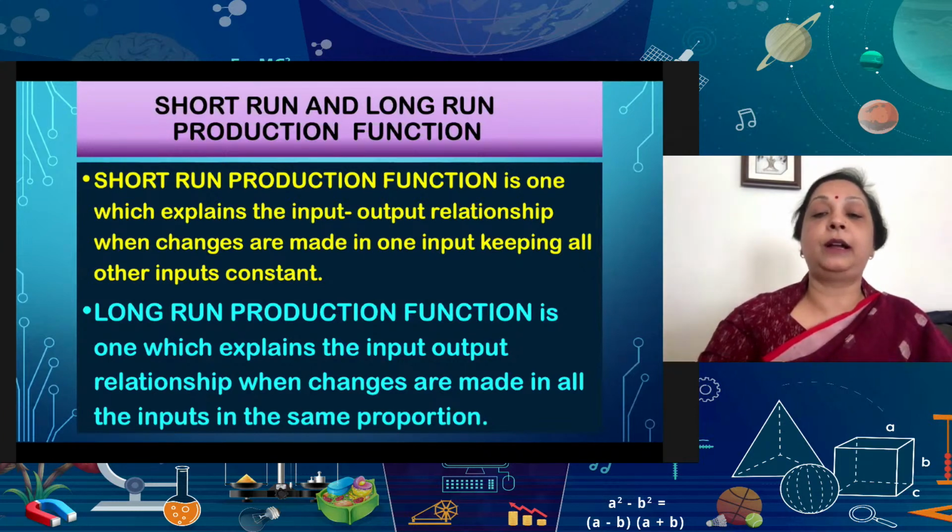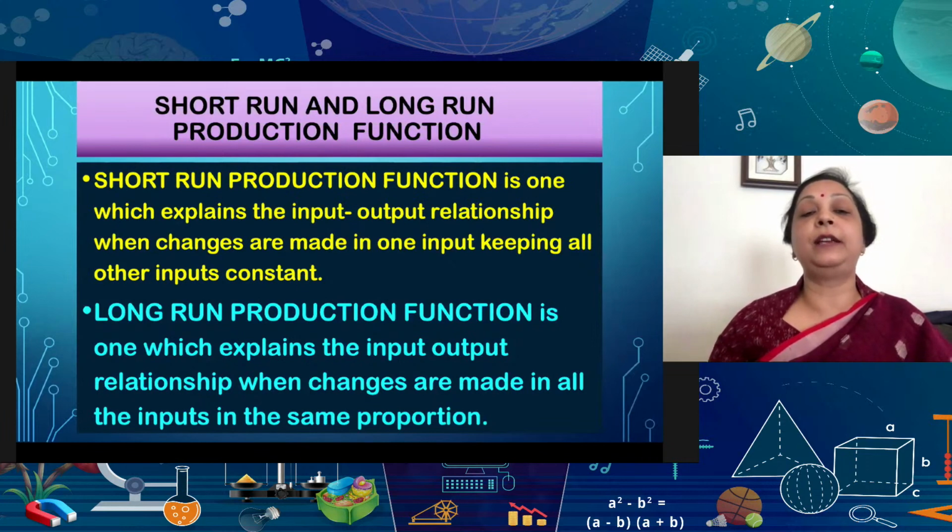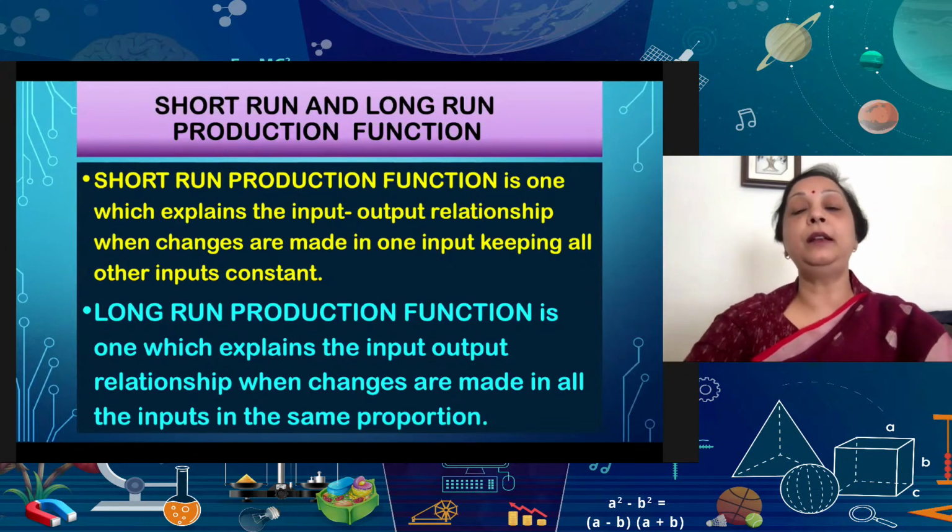So in the long run, we are bringing about changes in land, labor, capital. Both fixed and variable inputs can be changed in the long run. So in the long run, the distinction between fixed and variable disappears. All factors become variable, no factor is fixed.